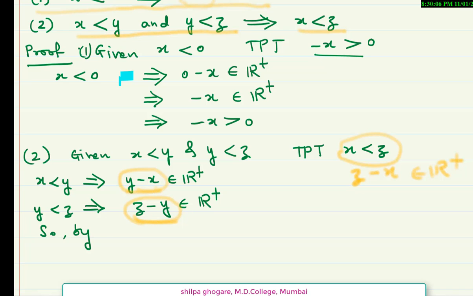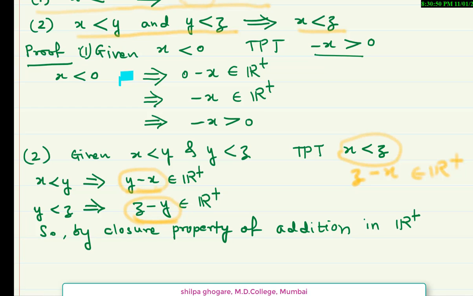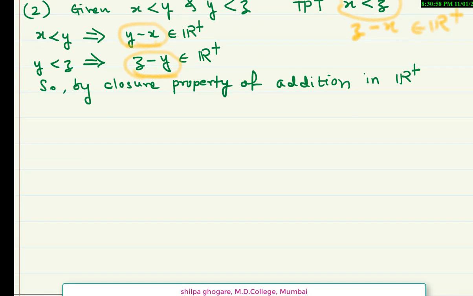So by the closure property of addition in R plus, I am adding these two elements of R plus, y minus x and z minus y, and the sum should also belong to R plus.